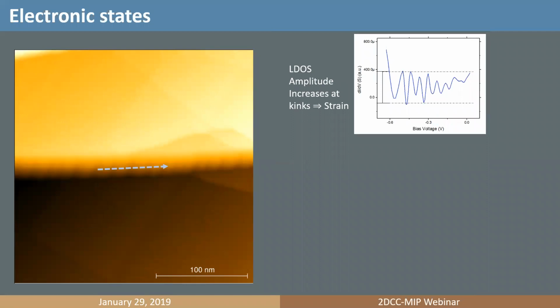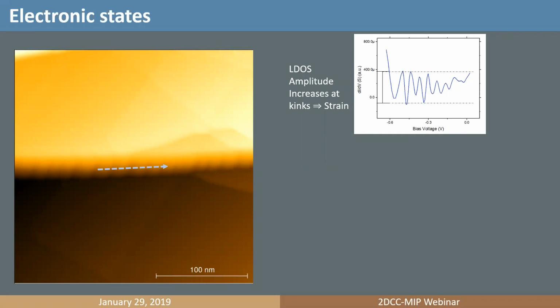So then what we do is we take a series of spectra parallel to the step edge. We stop along 100 points, and at each point we take 100, 150 spectra. And what we see is that the amplitude of these dI/dV peaks goes up at the kinks. So if you're sitting on a crest or a trough of a ripple, it has higher amplitude.